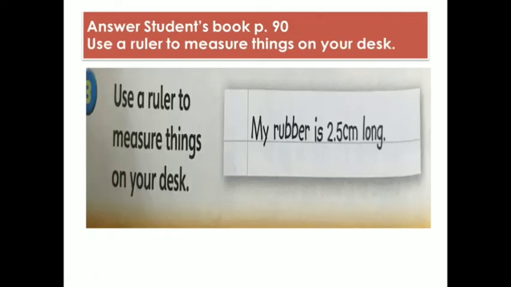All right. Once again, you're on your student's book, page 90. You are going to use a ruler to measure things on your desk. Everybody, get your ruler and look for something on your desk and you are going to measure it. For example, I found a rubber on my desk. So I'm going to measure this.